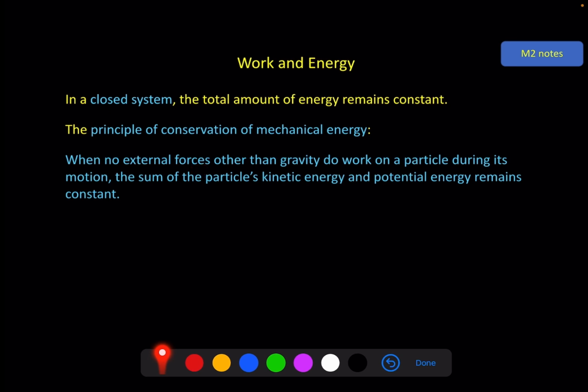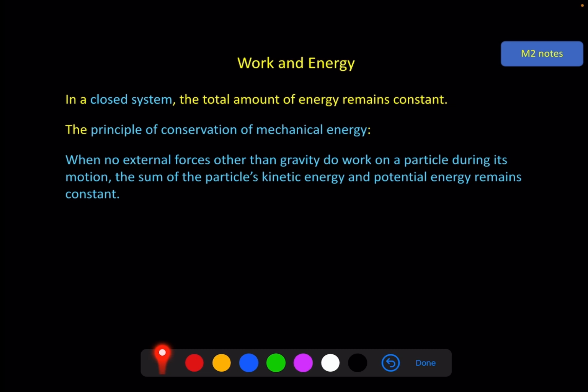If there's just gravity on a smooth plane pulling the box down, the particle's kinetic energy that it gains by sliding down must be coming from the potential energy it's losing, like we saw in the starter question, as it comes down the plane. And the amount must be the same. The amount of energy gained in kinetic energy must equal the amount of potential energy lost, and vice versa if it's going up the plane with a certain speed.